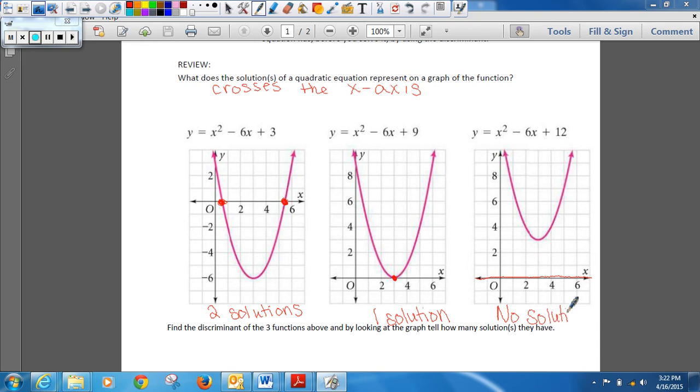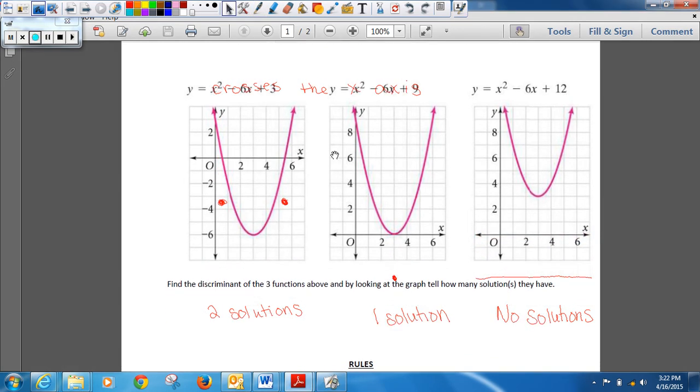So we're going to use that idea in order to see what the different discriminants will give us. So if I look here on this first one, I'm going to find the discriminant of each one of these.